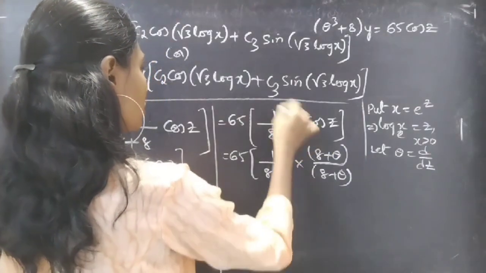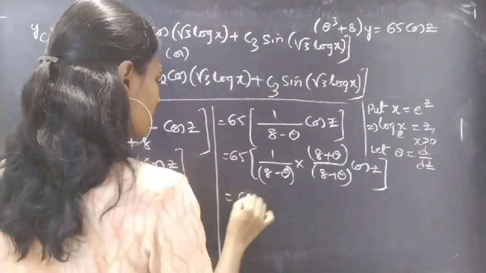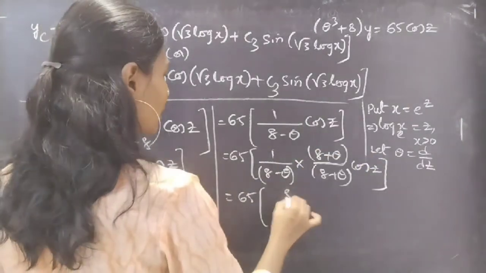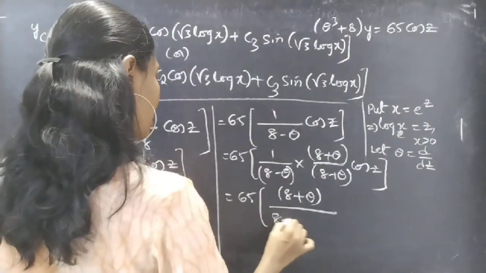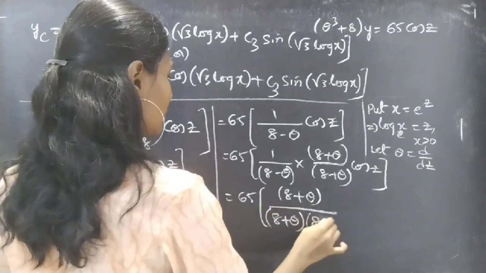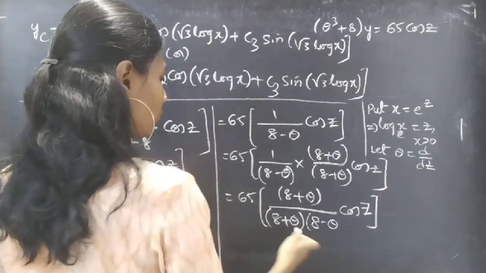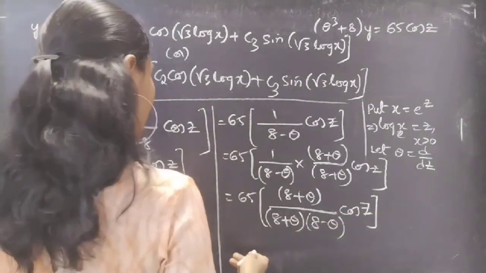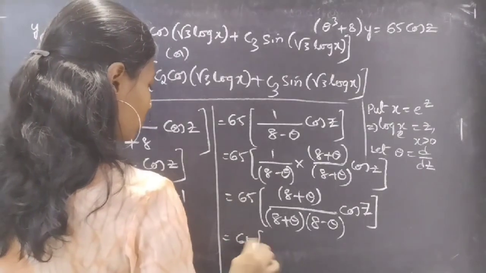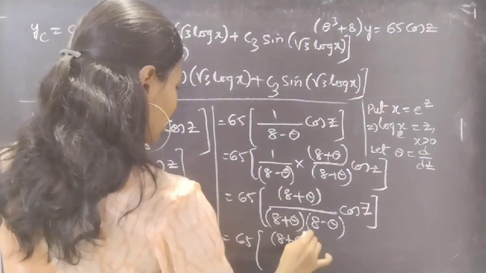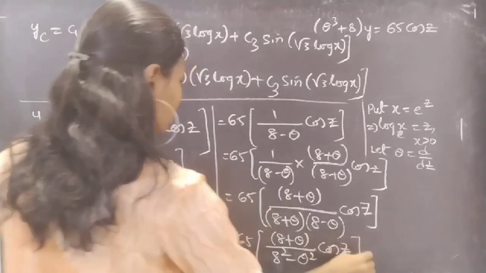This equals 65 into 8 plus theta by 8 minus theta into 8 plus theta, into cos z. So the denominator is of a plus b into a minus b form. Let's write it as a square minus b square. This equals 65 into 8 plus theta by 8 square minus theta square into cos z.